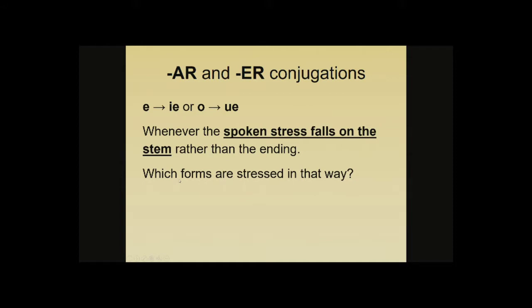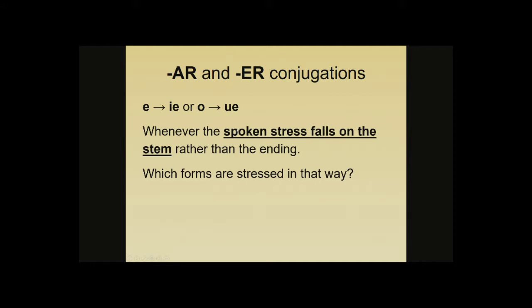So, which forms are stressed in that way? First person singular, is that stressed on the stem? Yes, correct. Second person singular, is that stressed on the stem? Correct. Third person singular, is that stressed on the stem? Yes. So all of those will exhibit a change in the stem vowel.